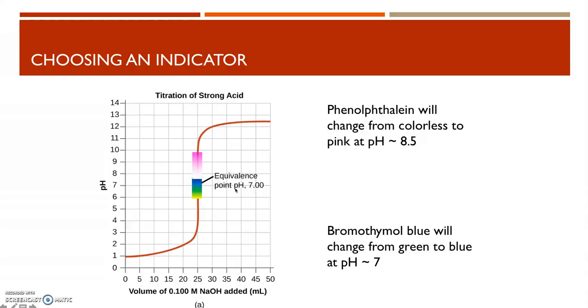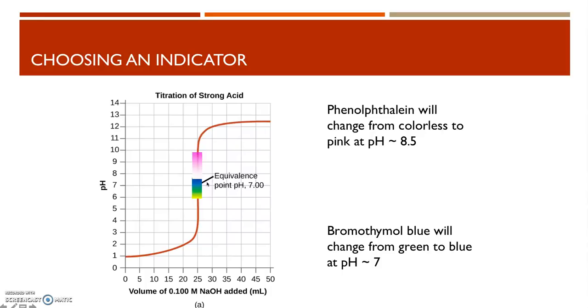At the equivalence point, you should have a pH of 7 because all that's there is water and salt. You don't have any excess hydrogen ions and you don't have any excess hydroxide ions. And if you add more NaOH after the equivalence point, it's going to make the pH rise, so you'll have a basic solution because you've added extra NaOH.